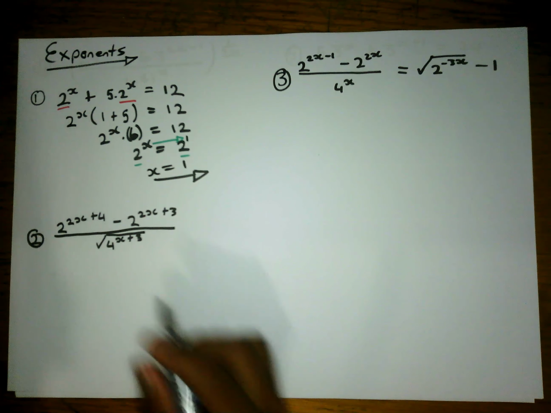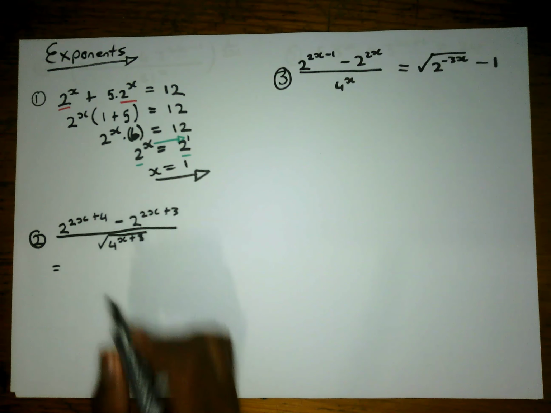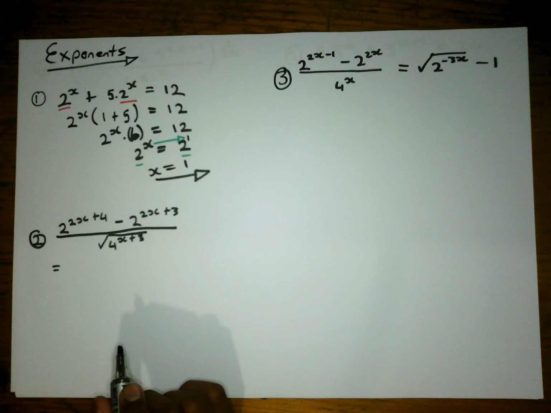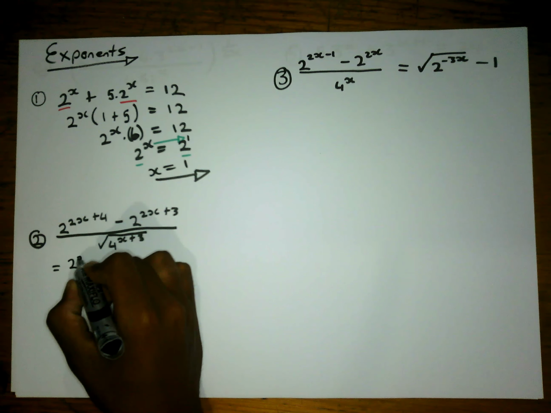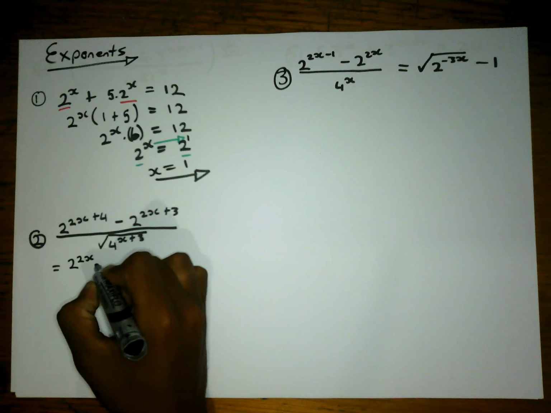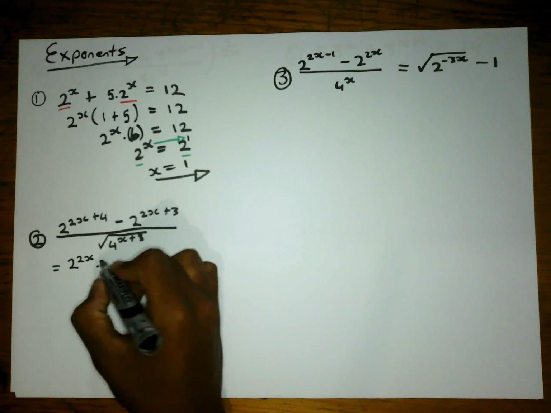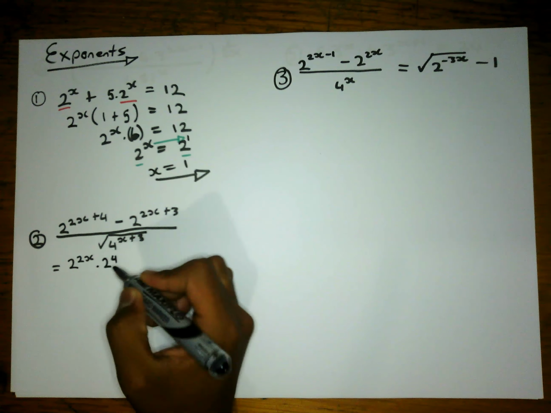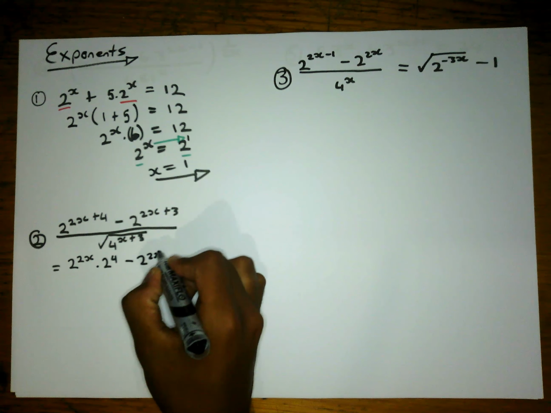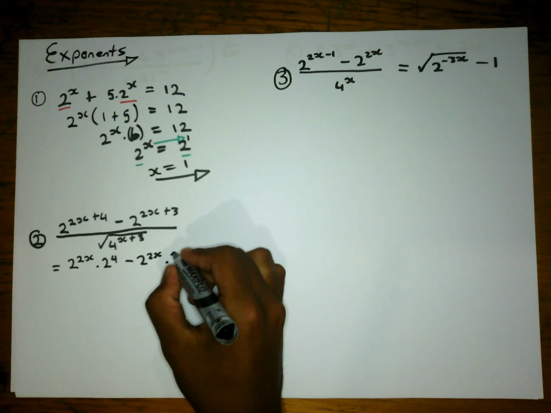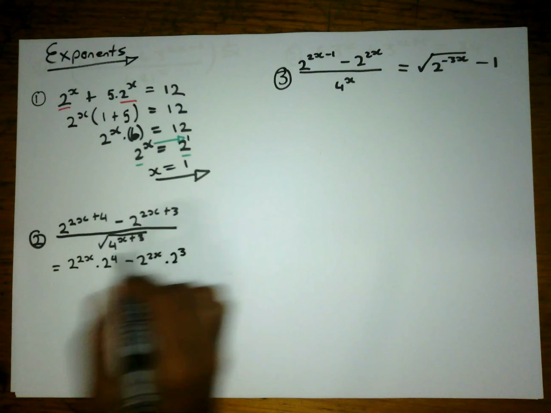Okay, so the next one is a bit more simplifying. Let's say we're gonna fit everything in here. So we're gonna write it like 2x times 2 to the 4 minus 2x times 2 to the power 3.